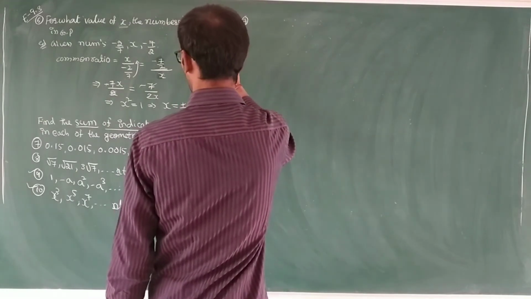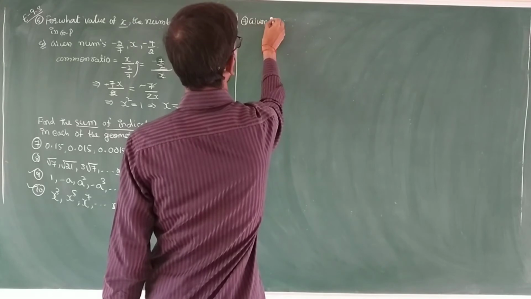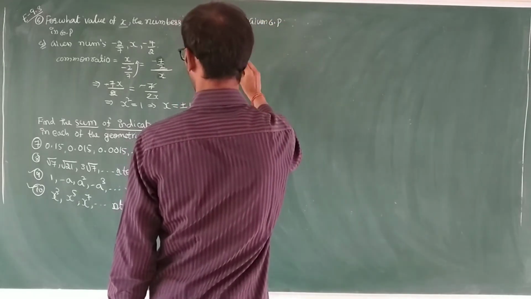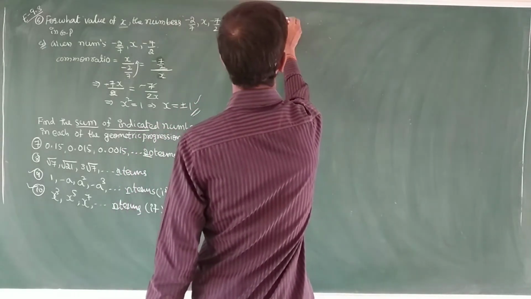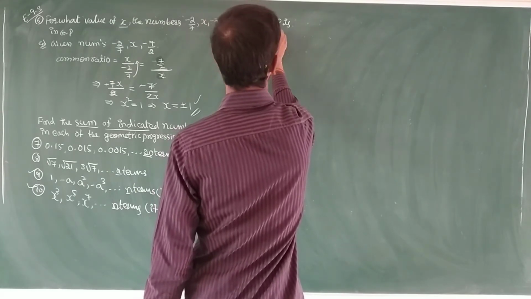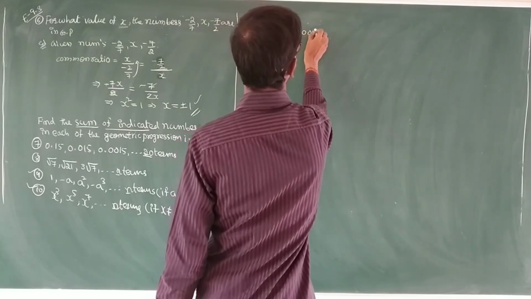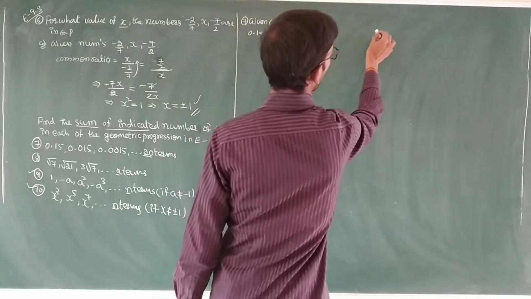See here, first the 7th problem. Problem number 7. The given geometric progression is 0.15, 0.015, 0.0015 and so on.